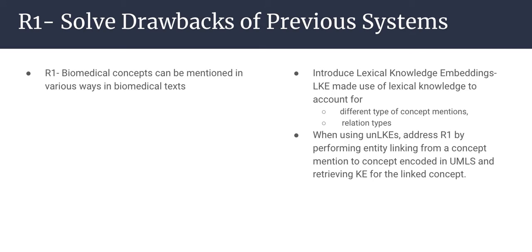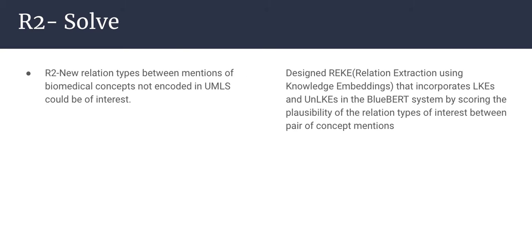This can only work in a lexical knowledge system, while when using unlexicalized knowledge embeddings, they address this issue by performing entity linking from a concept mention to the concept encoded in the UMLS and retrieving the knowledge embedding for the linked concept.